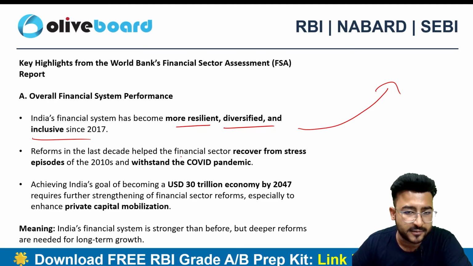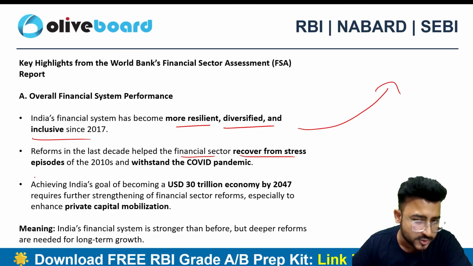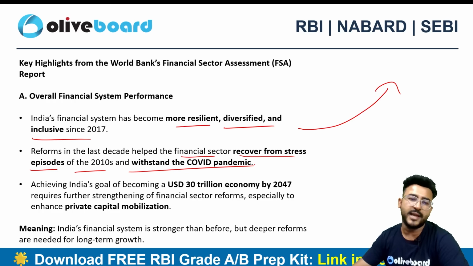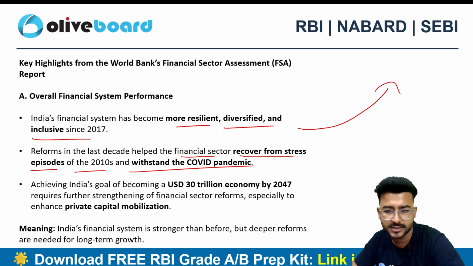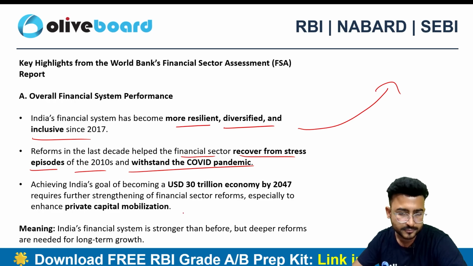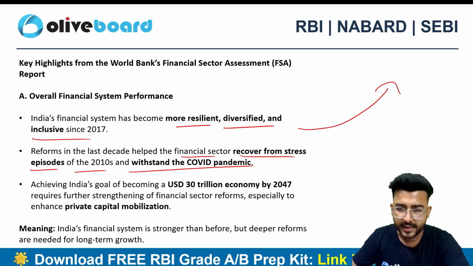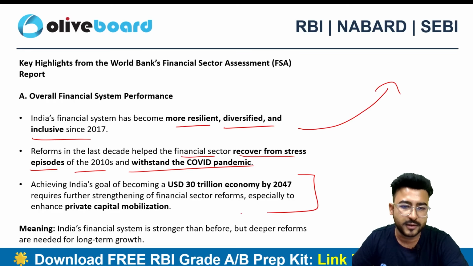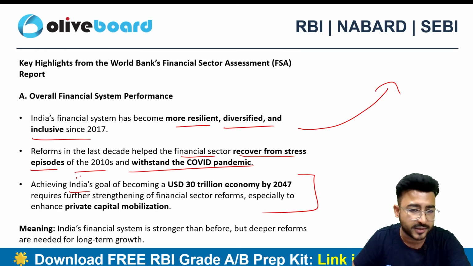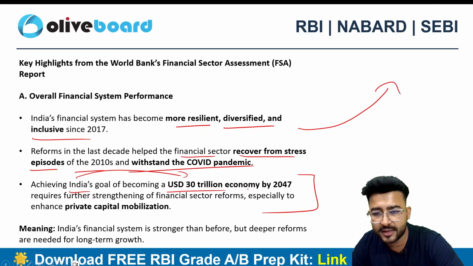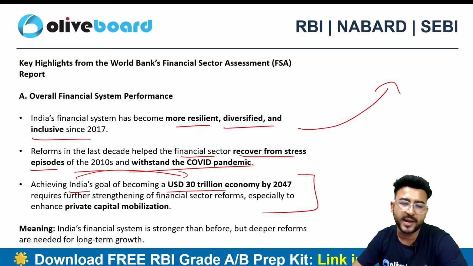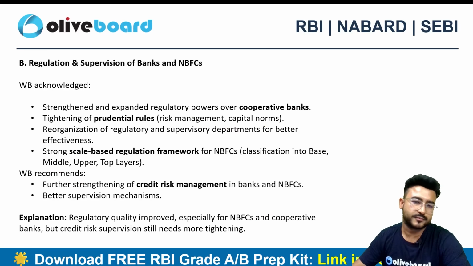Now we can see that the financial sector has also recovered from the stress episodes of 2010 and the COVID-19 pandemic. So India's financial system has performed really well. And this is definitely going to help India achieve the 30 trillion USD economy by 2047.